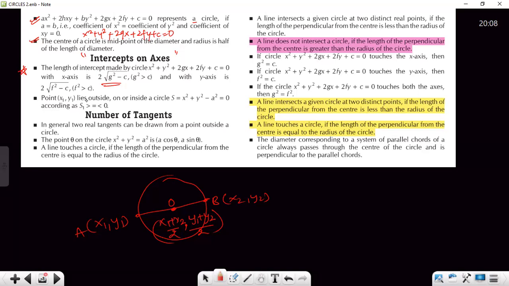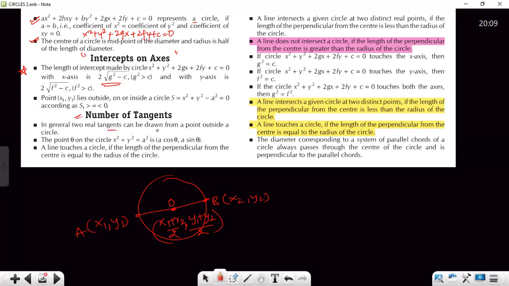Point x1, y1 lies outside or inside the circle depending on s1. We already talked about it. When s is equal to 0, the point is lying on the circle. When s is less than 0, the point is lying inside the circle. When s is more than 0, the point is lying outside the circle. Next point is finding the number of tangents. We have discussed it already.